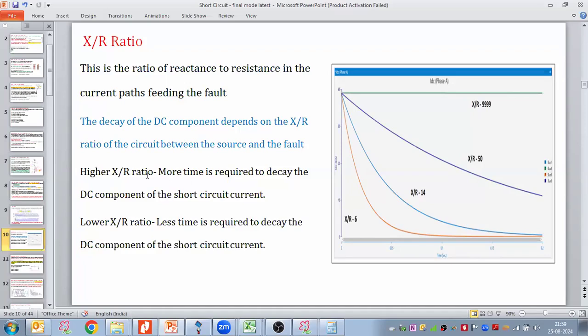Higher X by R ratio means more time is required to decay the DC component. Lower X by R ratio means less time is required to decay the DC component of the short circuit current. Right? This I am telling in theoretical concept.